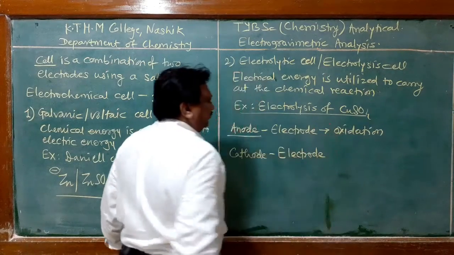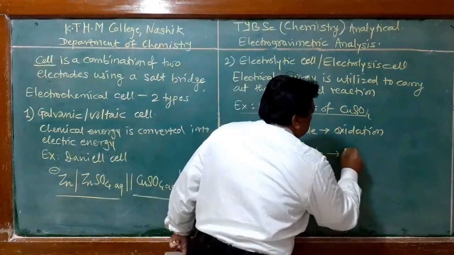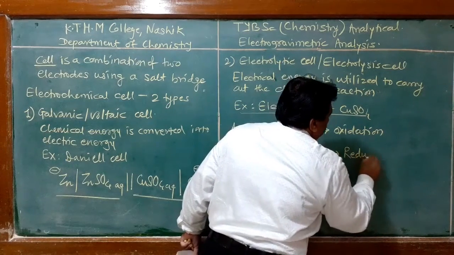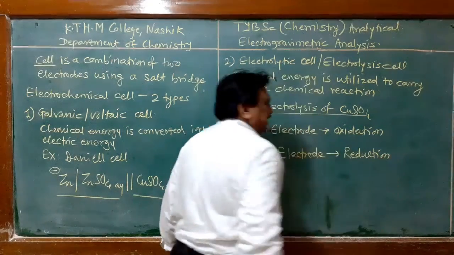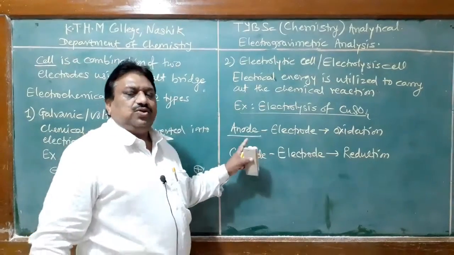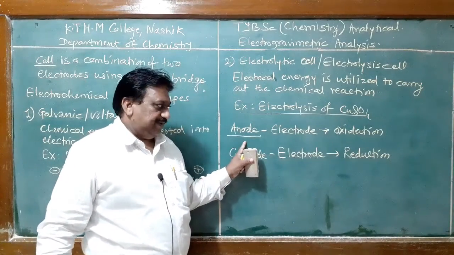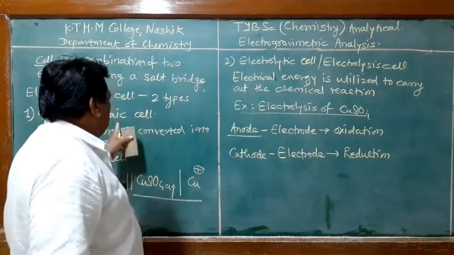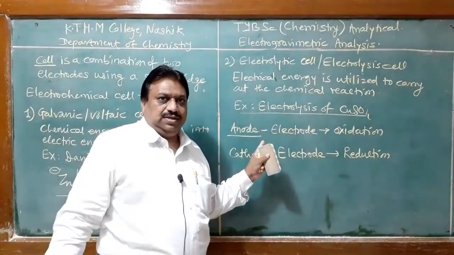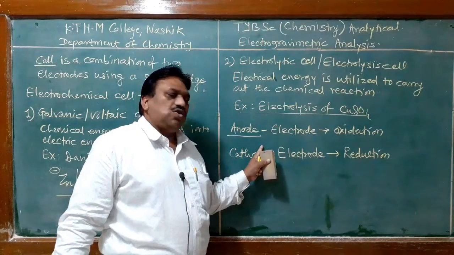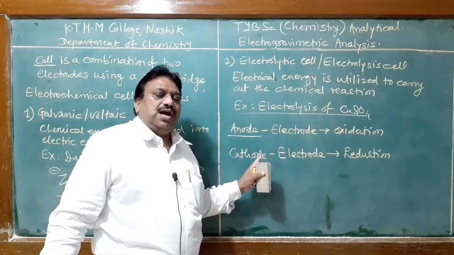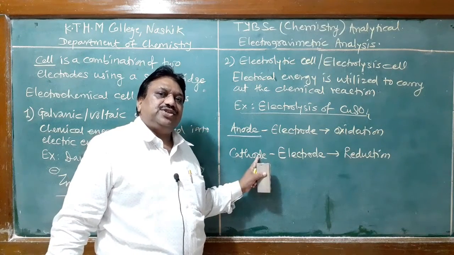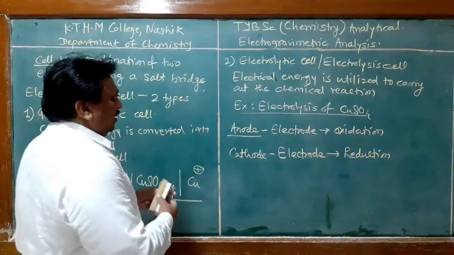Therefore, the cathode is an electrode on which reduction takes place, and the anode is an electrode on which oxidation takes place. In both the electrolytic cell as well as the voltaic cell, the electrode on which oxidation occurs is the anode, and the electrode on which reduction occurs is the cathode.